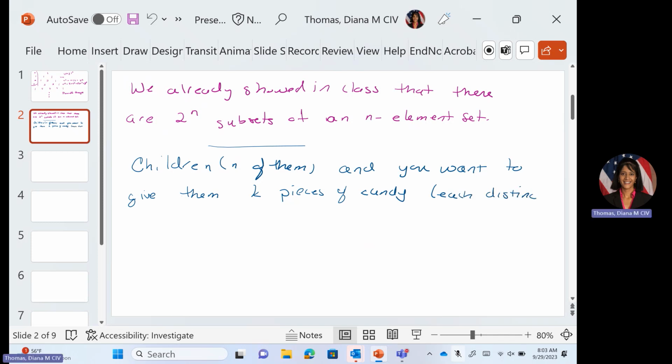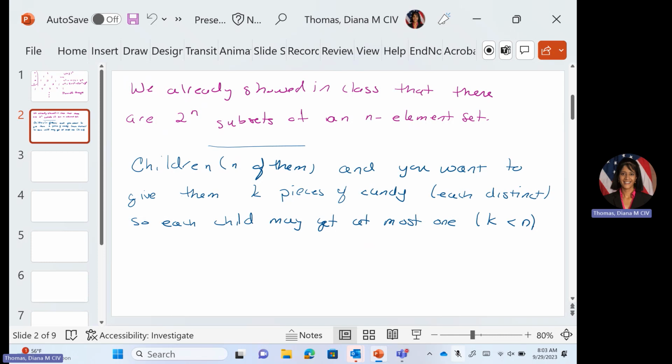Each distinct. And let's assume k is less than n. How many ways could you do that?